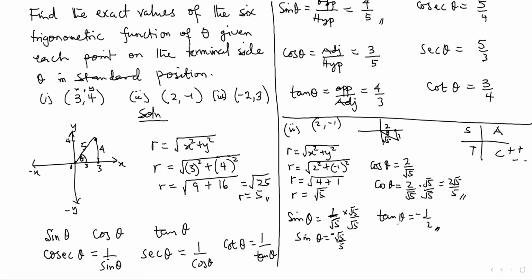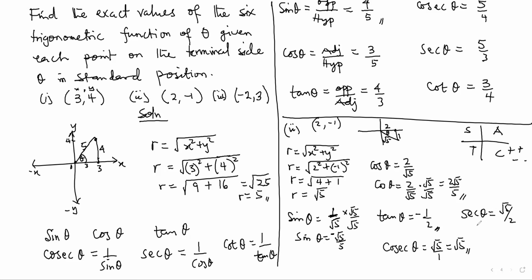Then I believe you can find its corresponding inverses. So if sine is 1 over root 5, then its inverse, which is cosec, will be root 5 over 1, which is root 5. If cos is 2 over root 5, then its inverse, which is sec, will be root 5 on 2.